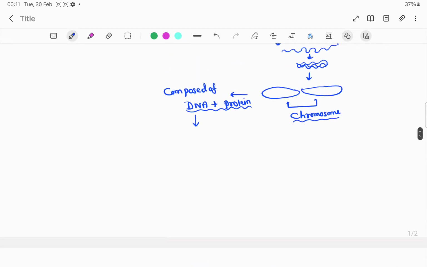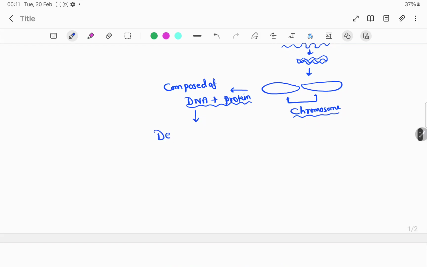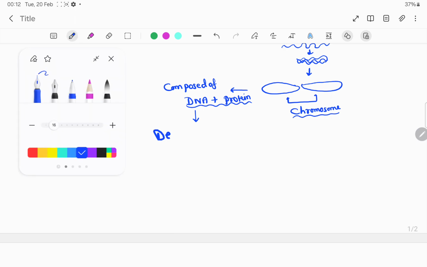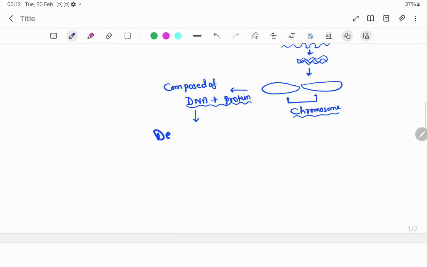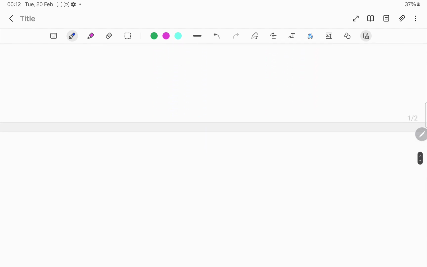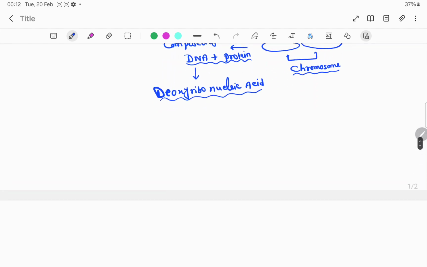The full form of DNA is deoxyribonucleic acid. Clear? Deoxyribonucleic acid. Now let us understand these things a little bit.